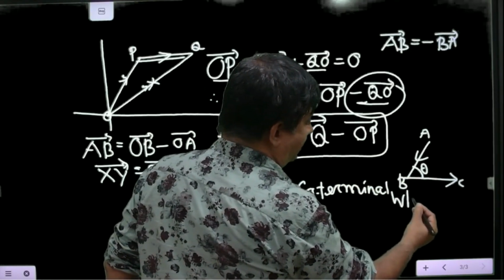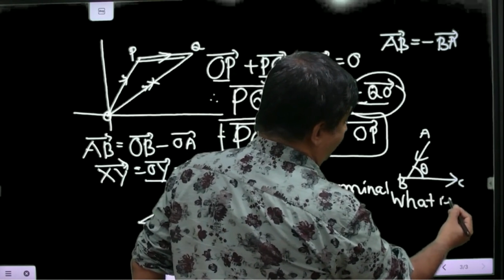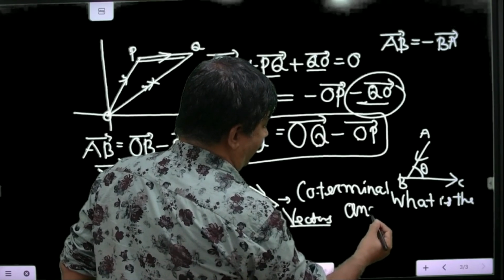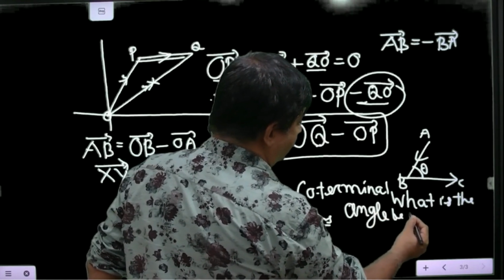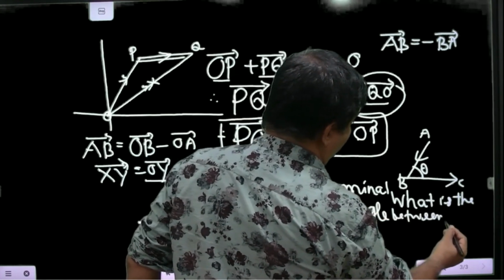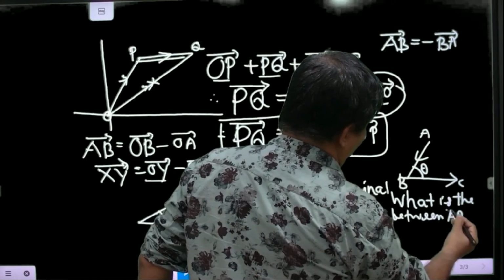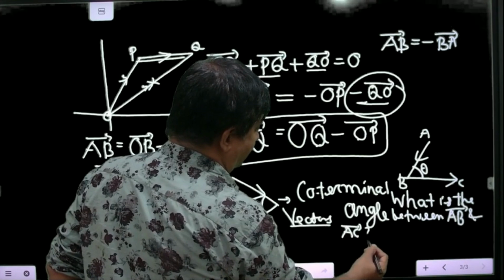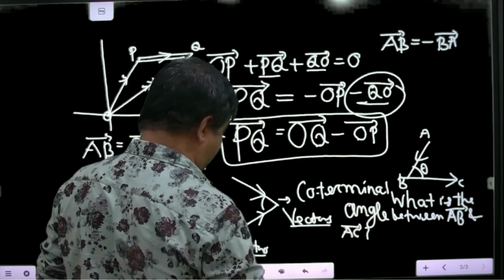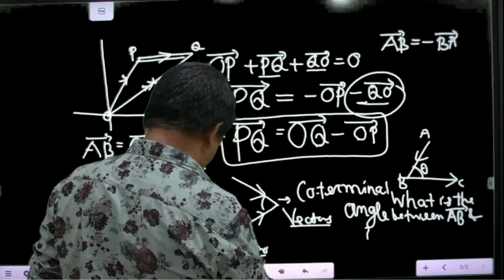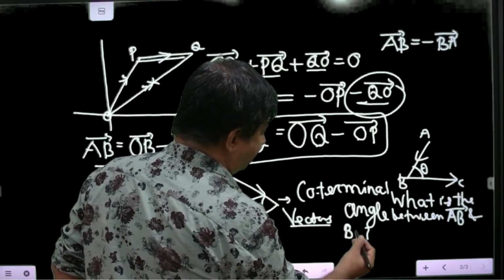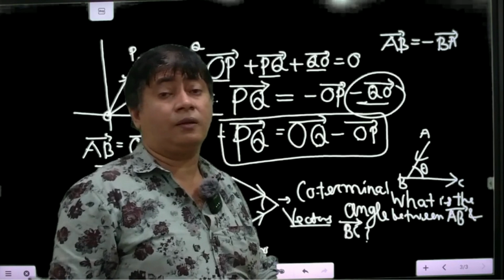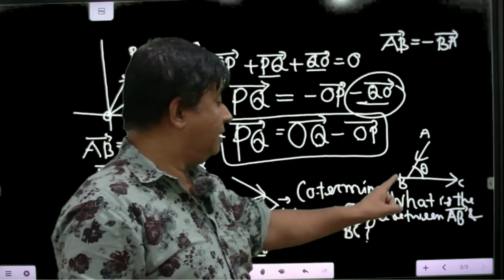What is the angle between AB and BC? See, is it theta?